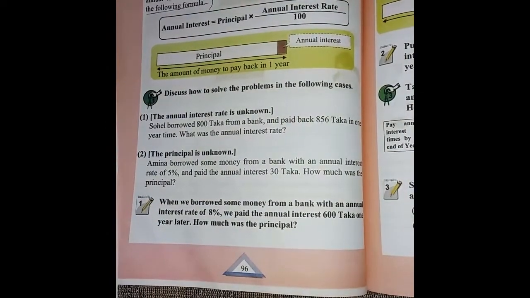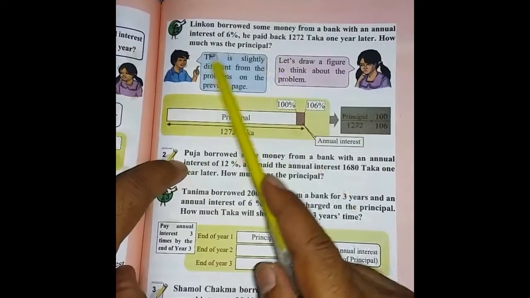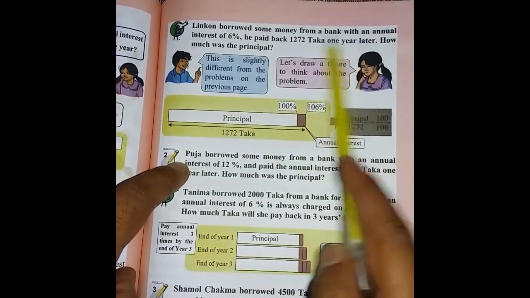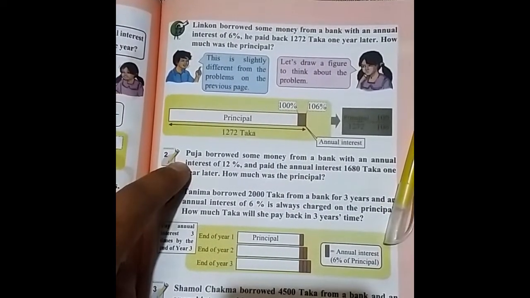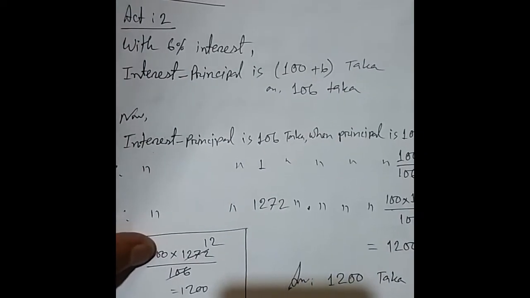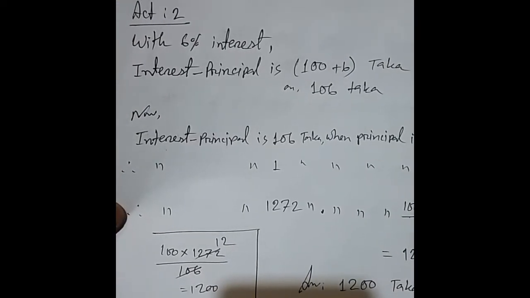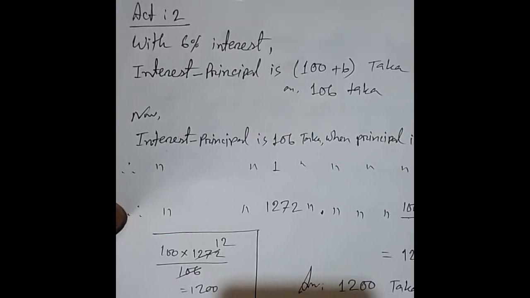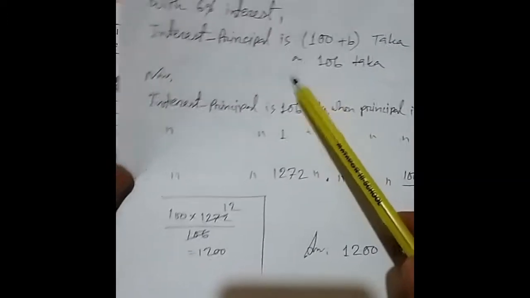Let's start another one. Page 97, activity 2. I think you have seen that Lincoln borrowed some money from a bank with an annual interest of 6%. So let's see. I'm sorry, it is a problem with 6% interest, principal is 100 plus 6, 106 taka.